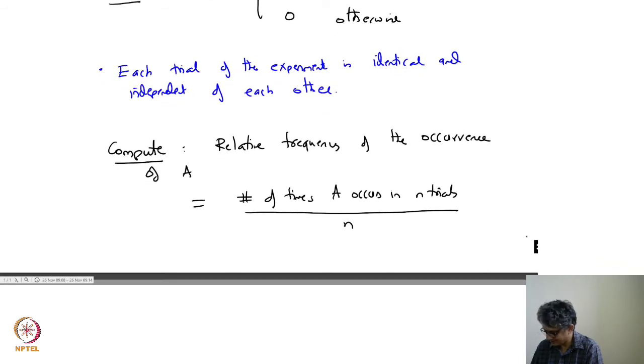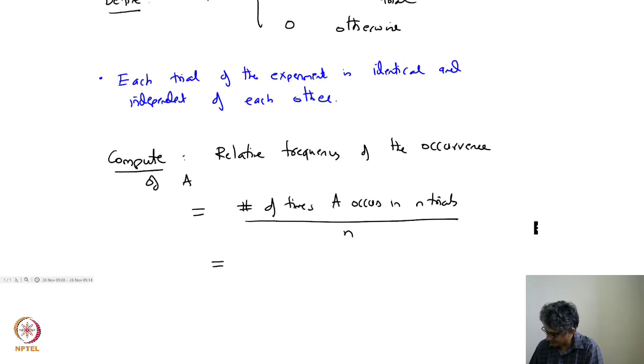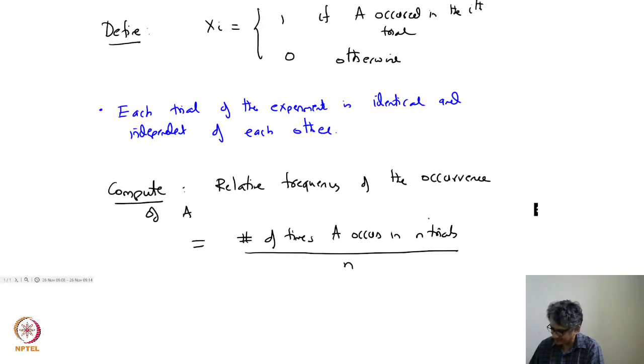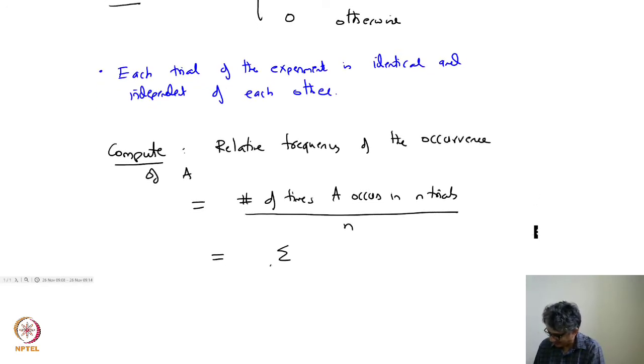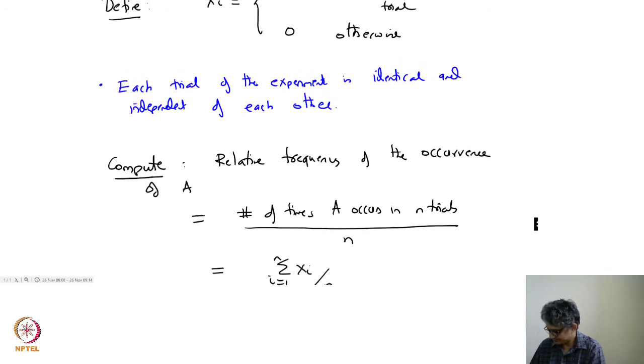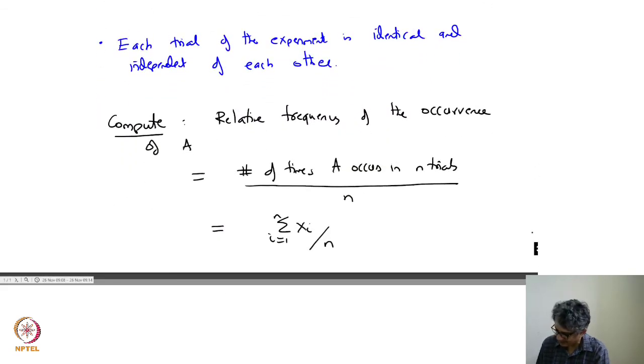In our notation, A will occur if xi is 1 and will not occur if xi is 0. So you can look at it as the sum over i equal to 1 to n of xi divided by n. So the relative frequency of the occurrence of A is the number of times A occurs in n trials divided by n, which is summation xi by n.